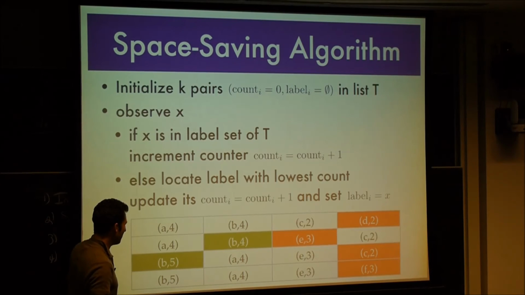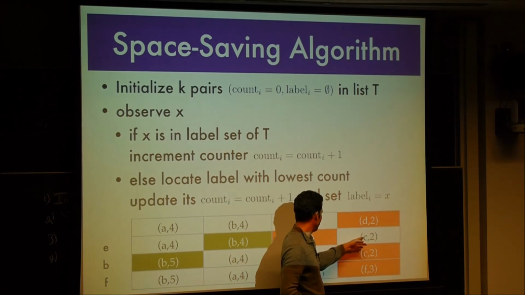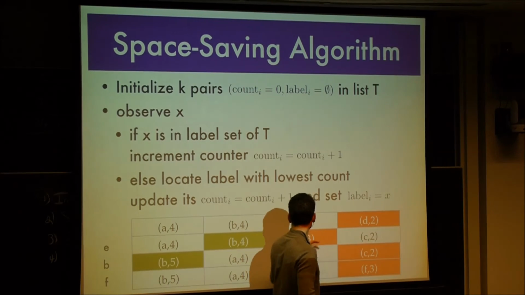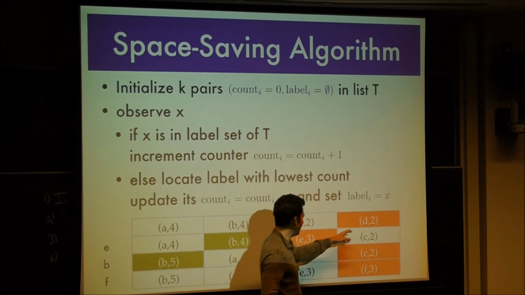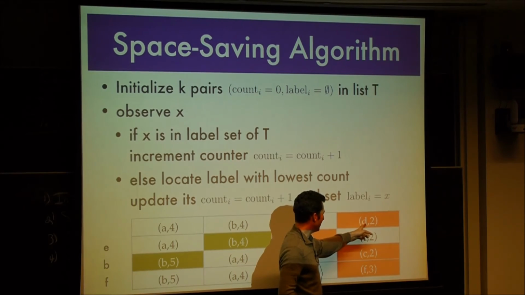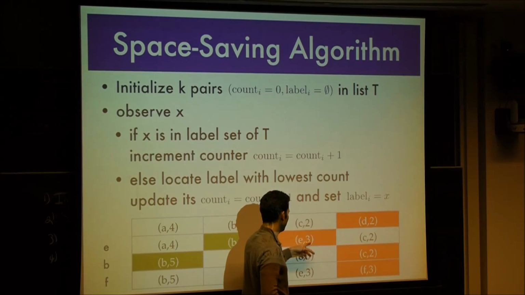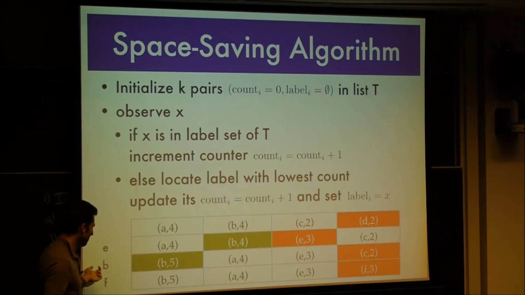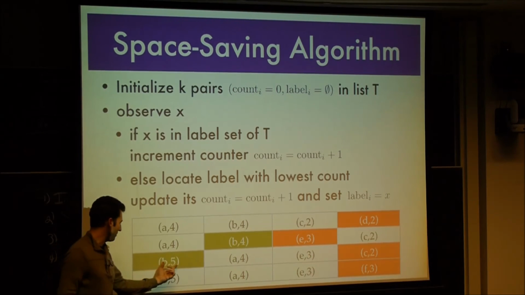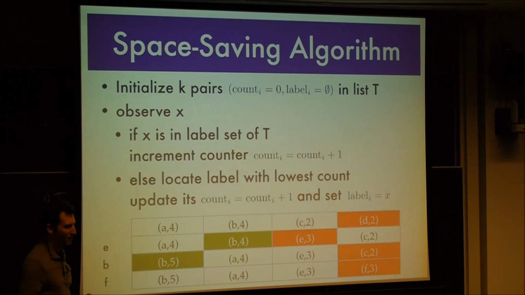Then I observe an E. Without loss of generality, I evict the D. Since I evicted the D, I rename it to E and increment its count by 1. So I get E and 3. This guy is clearly the last one. Then a B comes along, and I increment the B counter, and then an F comes along, and I evict the C and get an F and 3.